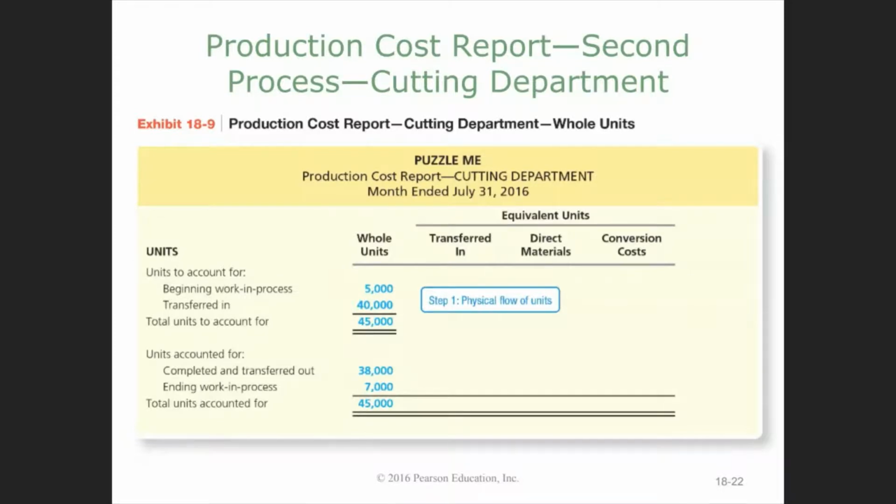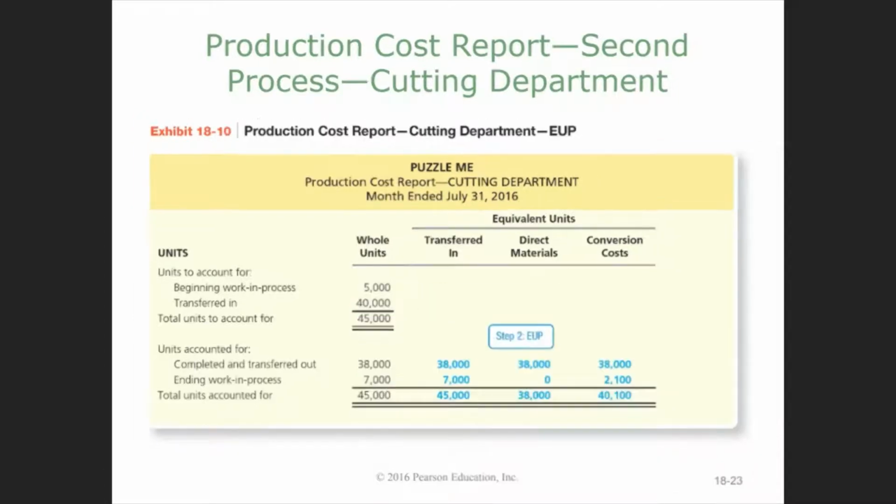And then our units that are accounted for, we have completed and transferred out of 38,000, ending work in process of 7,000, and that gives us our total units accounted for of 45,000.